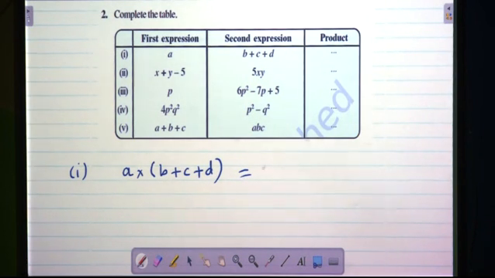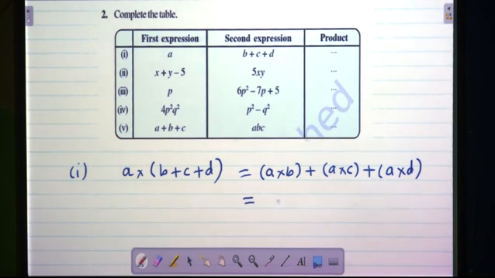A into B, plus sign as it is between B and C, A into C, again plus sign in between C and D, and again we are multiplying A into D. So what is our answer? Our answer is AB plus AC plus AD. This is for the first one.